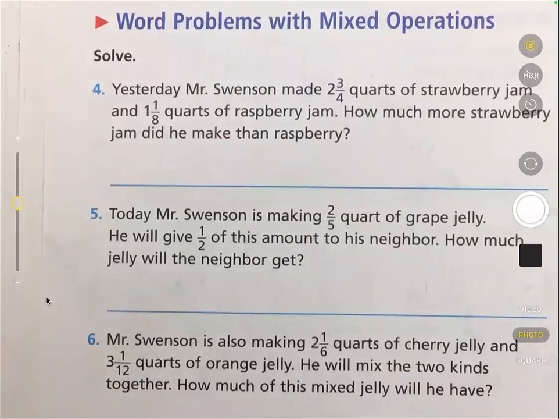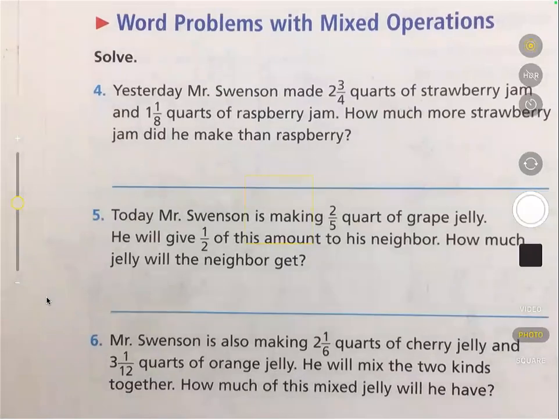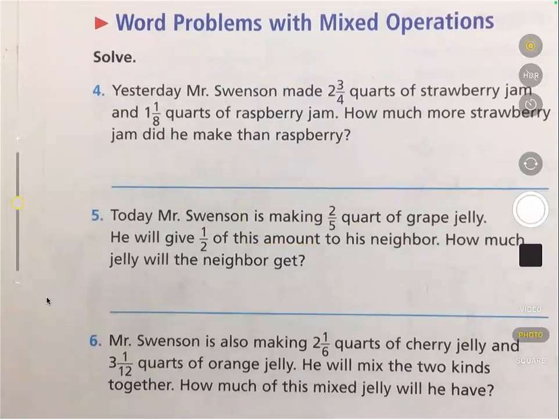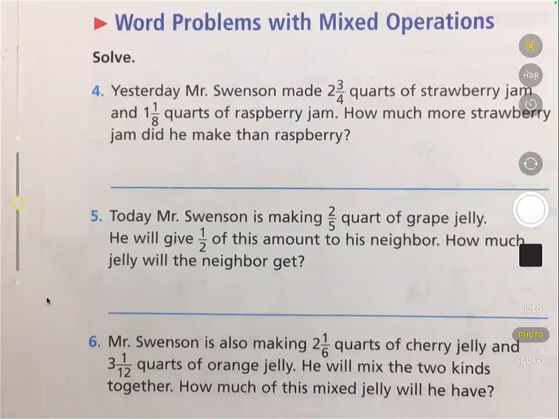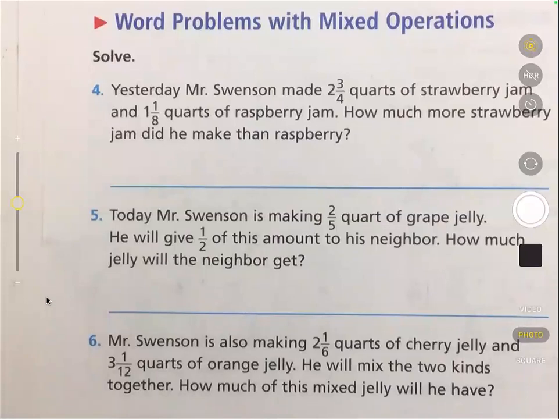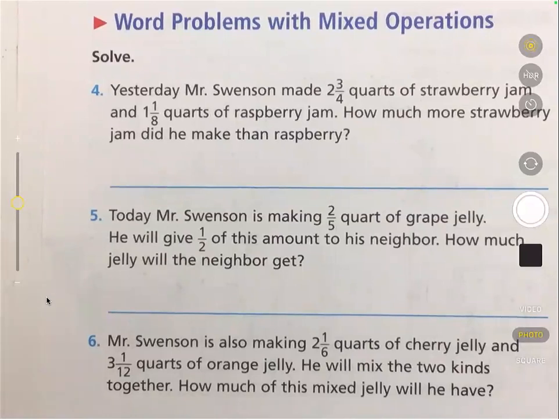So I could just say Mr. S made 2 3/4 quarts of jam. I could say Mr. Bob, as long as every time I see Swenson, I'm replacing it with Bob, right? This is just general for the class. If you get stuck on a name, just change the name to something that's easy for you to say. Use your own name. You can always use my name.